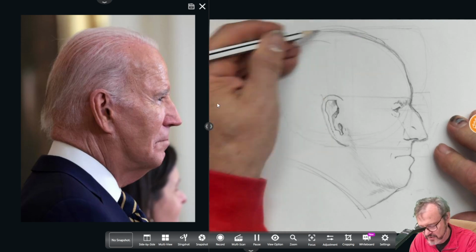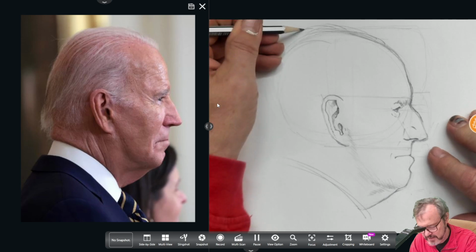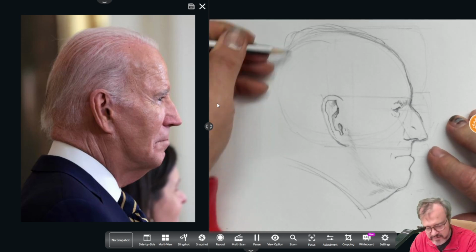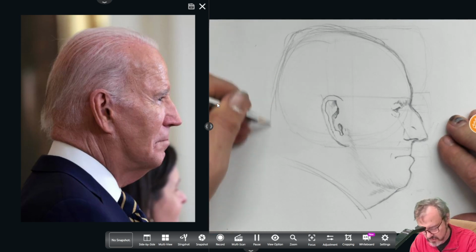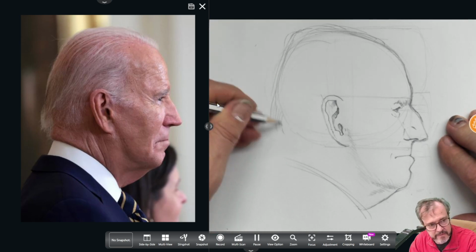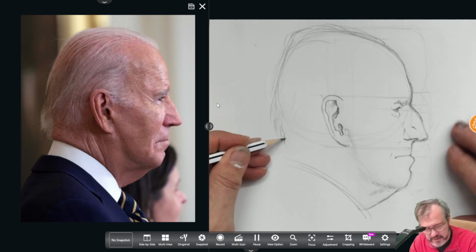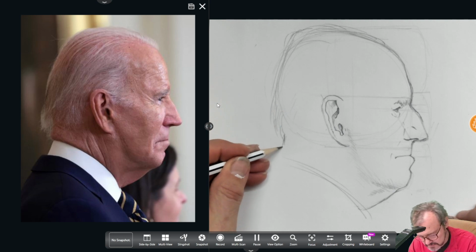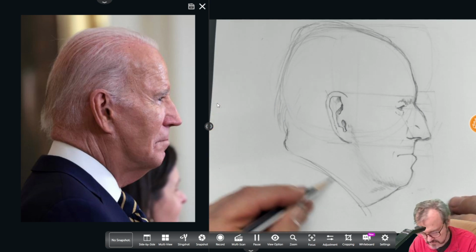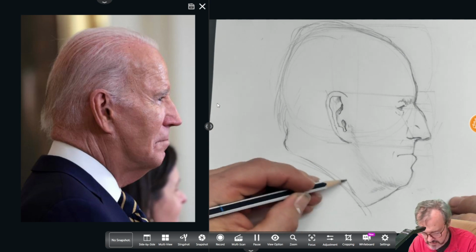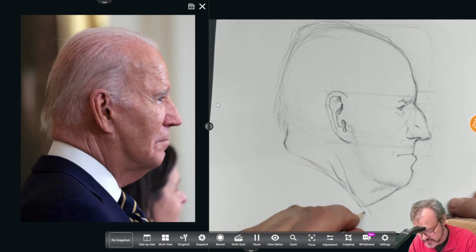Okay, so here's the actual shape of his head. Look, it peaks high towards the back, and then it comes virtually straight down. And he's got a couple neck creases here. Make sure you slope that collar.